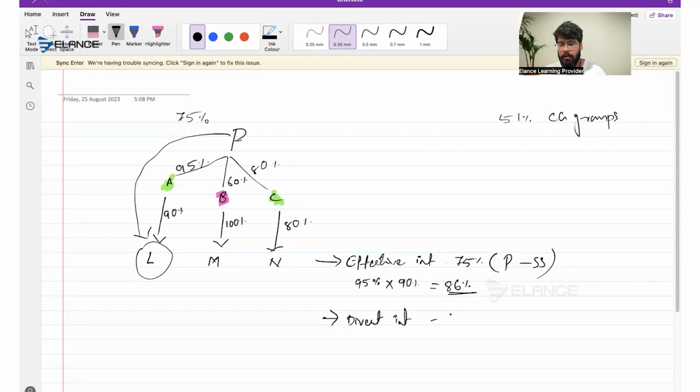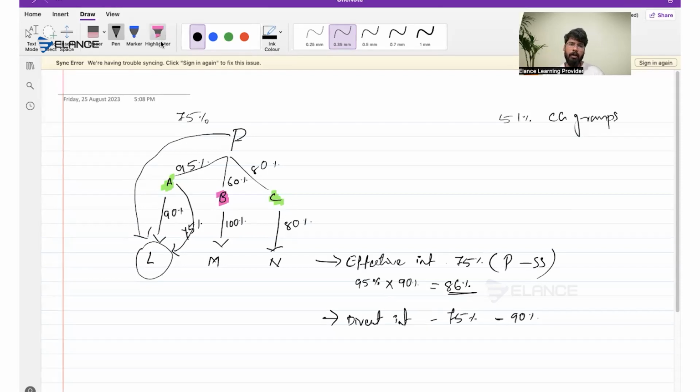If you take the example of L, its parent is A. A should have at least 75% direct interest. So the effective interest and direct interest both should be at least 75%. Here, direct interest is more than 75%: A company has 90% direct interest in L Limited.